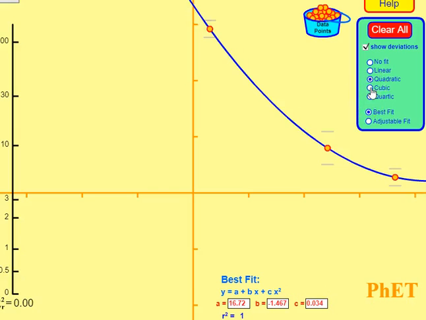The quadratic, I was not paying much attention to r square before, but now another thing that I want to talk about here is about the r square value.